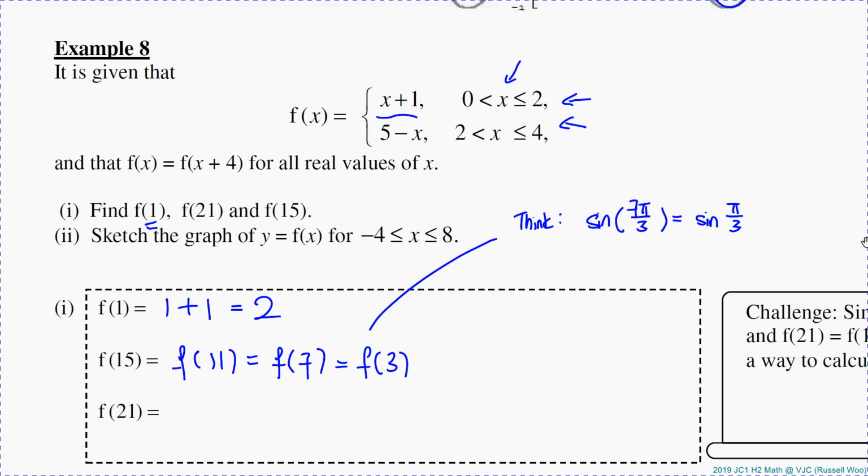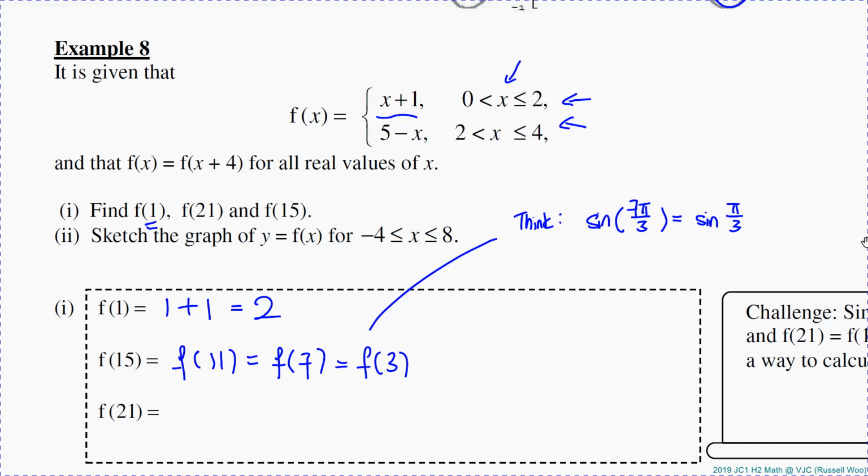Because I minus 2 pi. Just like sine 362 degrees is sine 2 degrees. Make sense? So this is the same thing, because f is a periodic function with the period equal to 4. So this equals this equals this.